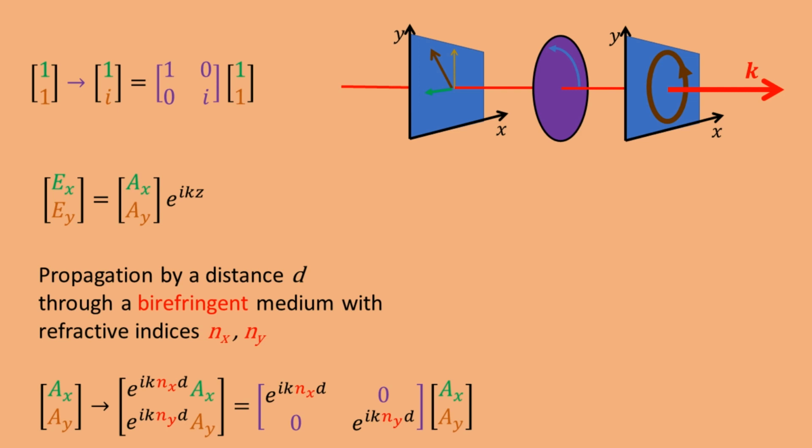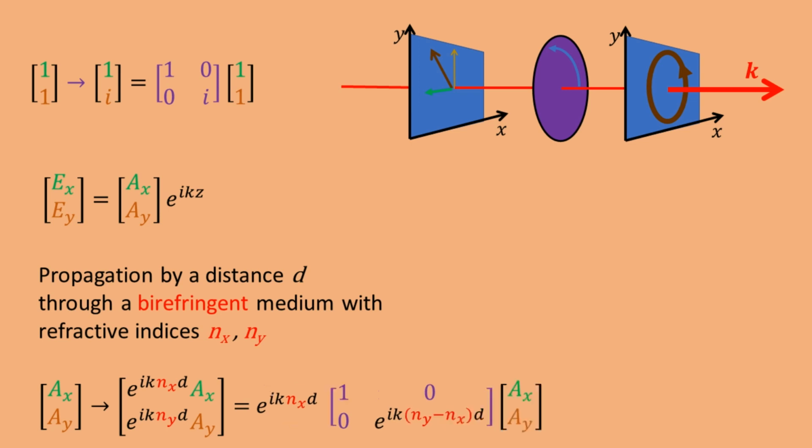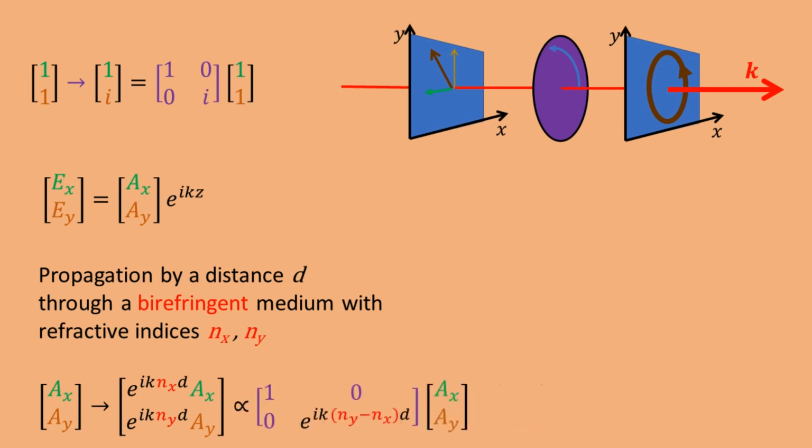Since global phase factors are irrelevant to the polarization state, we can factor out a global phase factor of e to the power i k n_x d and neglect it. We are left with a complex exponential containing the term n_y minus n_x, which is referred to as the birefringence of a material. Now we see that we have the correct form for an optical component that transforms linearly polarized light to circularly polarized light.